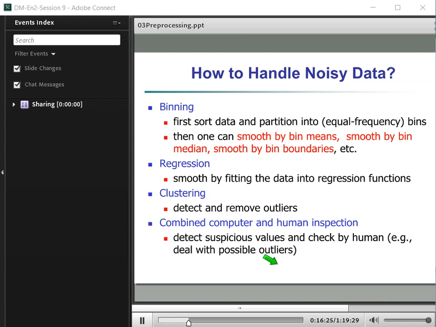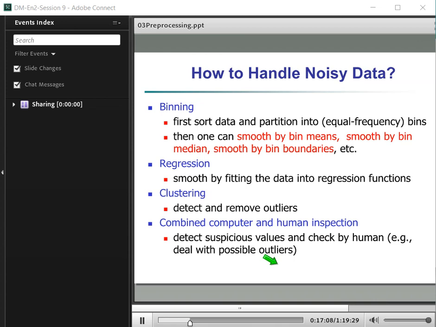In binning techniques, firstly, I should sort my data ascending. Then I should partition those data into some bins, similar to a histogram, where I create some ranges for each column. In a similar manner, I'm creating bins and putting my data into them.